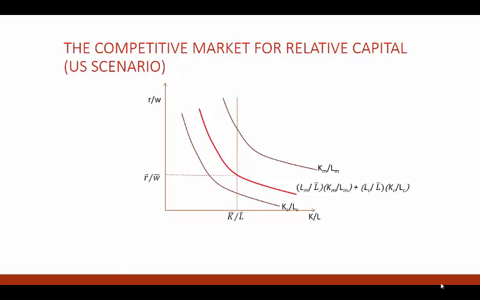Plotting the relative rental on the vertical axis and the relative capital on the horizontal axis. The relative rental, R over W, is the price of relative capital, K over L. The total supply of relative capital is fixed, being determined by the quantity of each in the United States, and its value is therefore a straight line that shows it is invariant to changes in the relative rental.